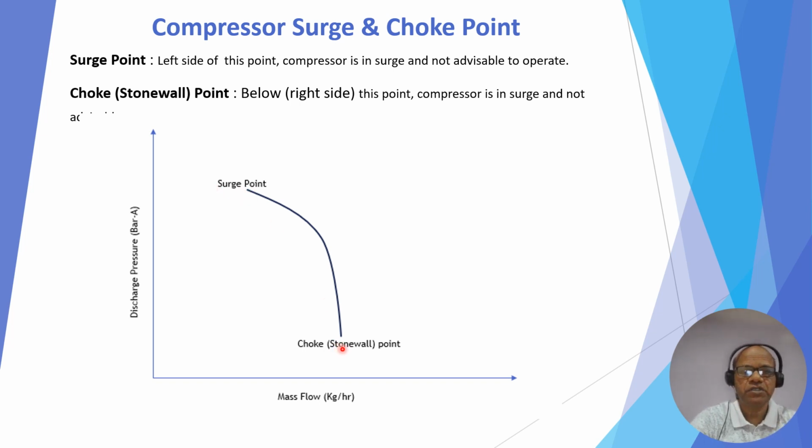This is another very important point, called the choke point or stone wall point, which is the maximum flow and minimum pressure rise, and beyond this it is again not advisable to operate the machine. So the compressor should be operated in between the surge and stone wall points. The x-axis is mass flow rate and the y-axis is discharge pressure, and we have the surge point and the choke point or stone wall point. Choke point and stone wall point are both the same.